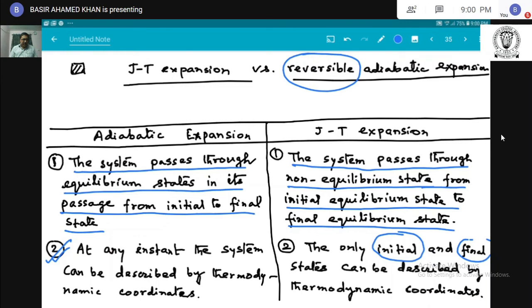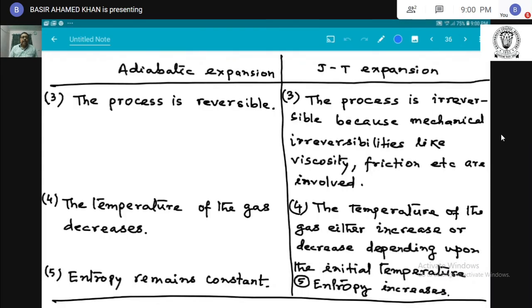Next, in adiabatic expansion the process is reversible. But in JT expansion the process is irreversible, because mechanical irreversibilities like viscosity, friction, etc. are involved in this process.